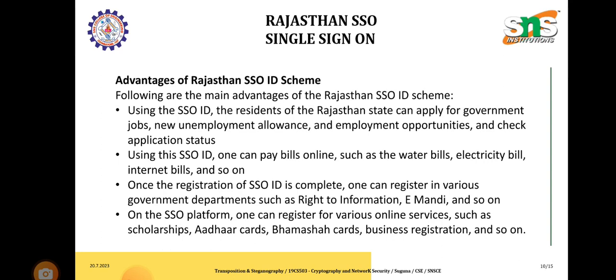These are all the services provided by Rajasthan SSO.